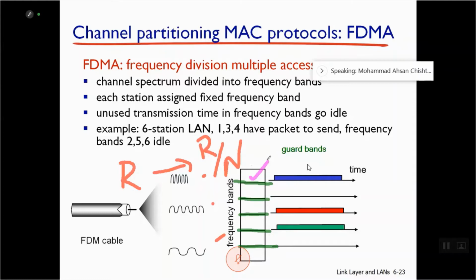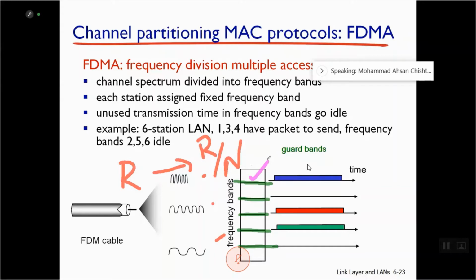It has advantages and disadvantages, typically those of TDM as well. The advantage is that yes, you divide it, you can have multiple access, there won't be collision. Fine. But among the 6, again, if only blue, red, and green are sending, 3 of the frequencies go wasted. They are not utilized.